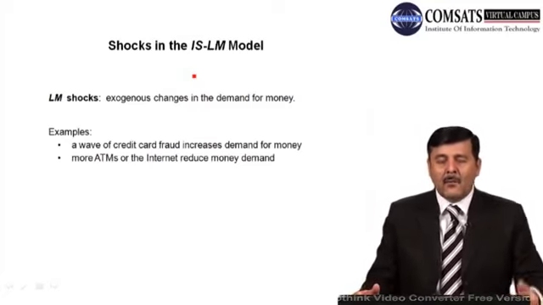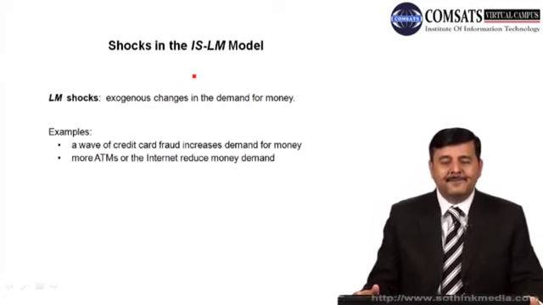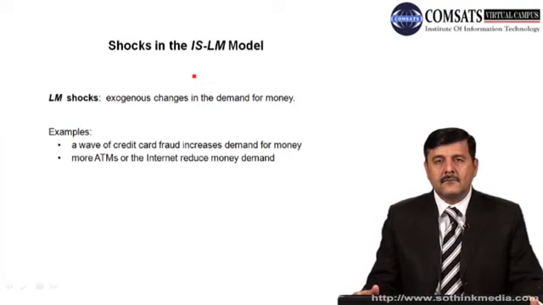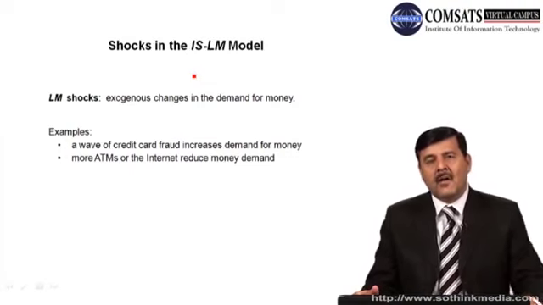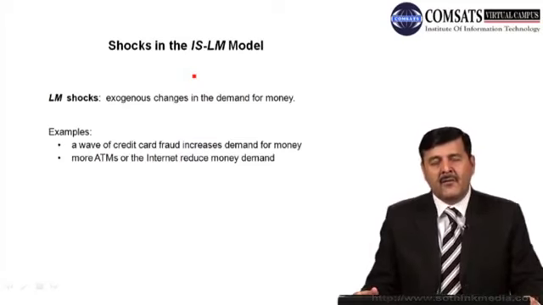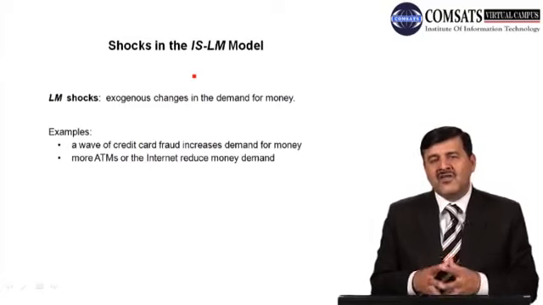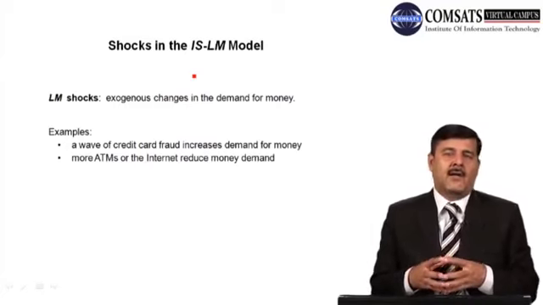Another example could be that more ATMs or the internet reduce money demand. If there are more ATMs and internet facilities available to consumers, this will reduce money demand. So LM shocks relate to a change in money demand in the money market.